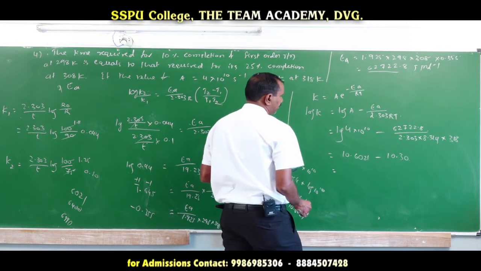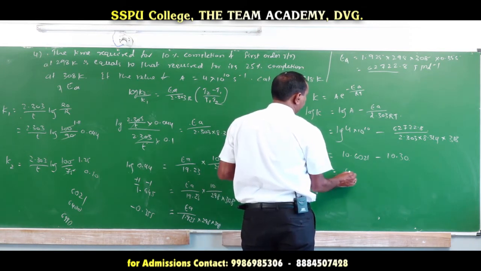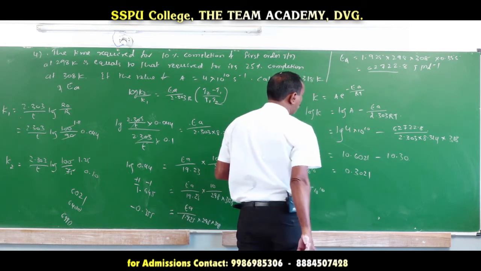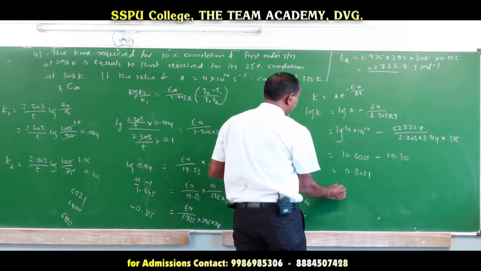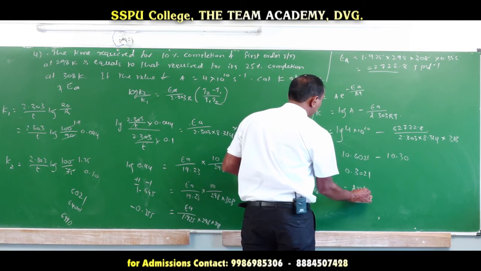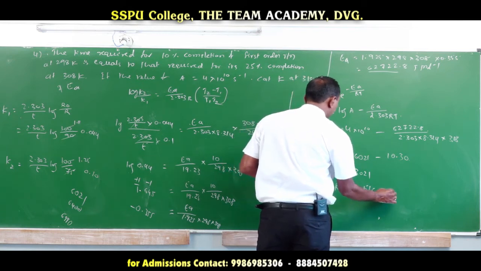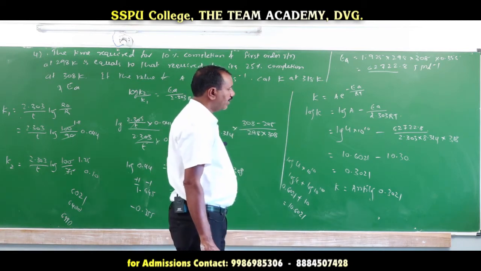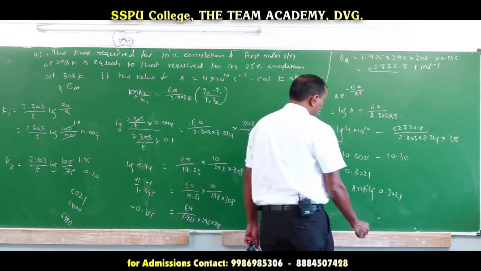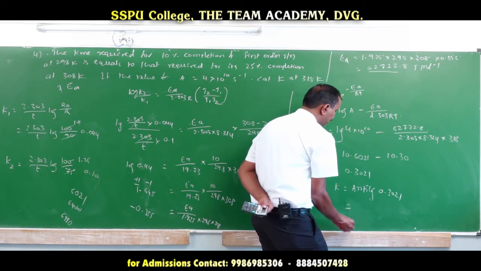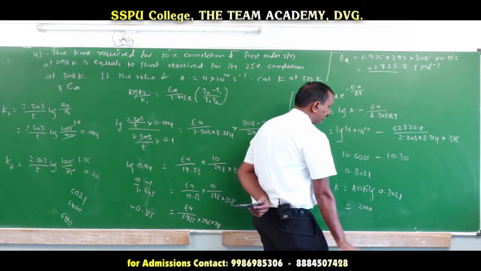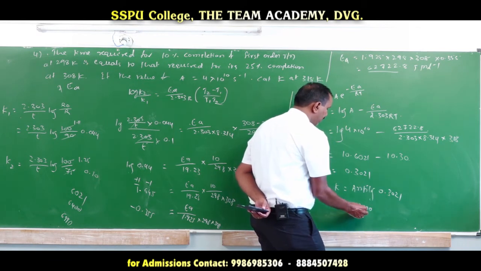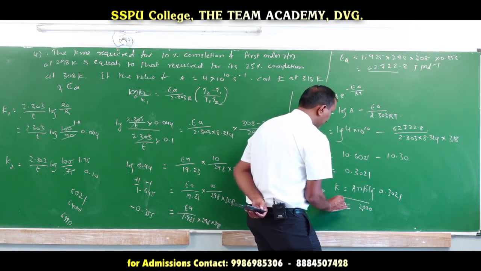So nearly it becomes 0.3021. So log K is 0.3021, where K is equal to the antilog of 0.3021. 3010 is the log of 2, so therefore the K value nearly becomes 2. Characteristic 0 means n plus 1, that is 1. So K equals 2.